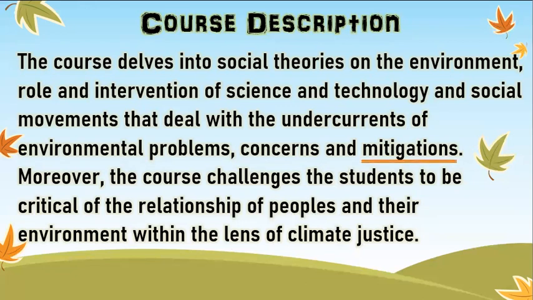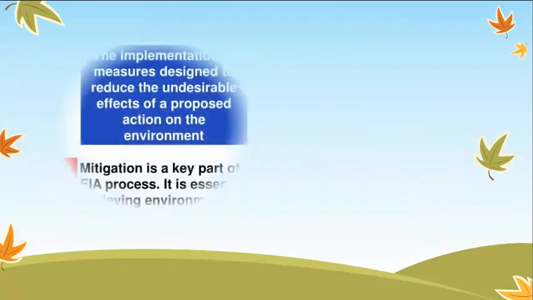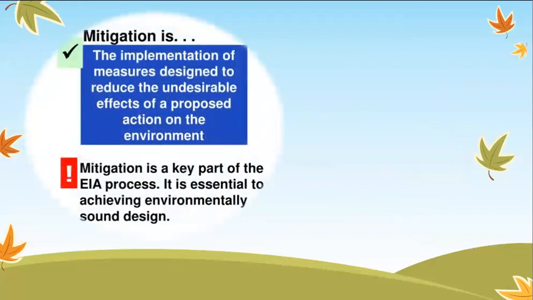Let's take on 2 concepts from that: mitigations and climate justice. Mitigation is the implementation of measures designed to reduce the undesirable effects of a proposed action on the environment. Mitigation is a key part of the EIA process. It is essential to achieving environmentally sound design.